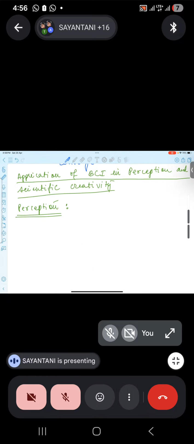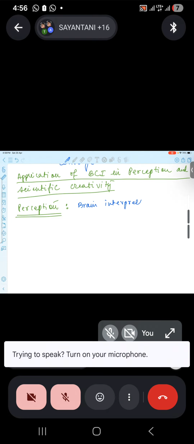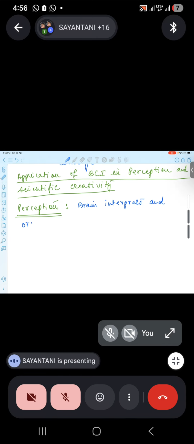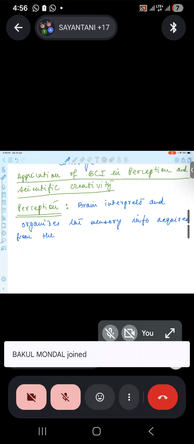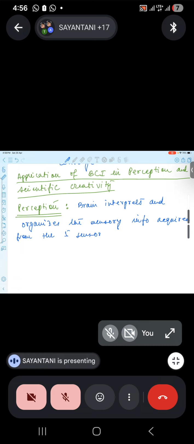So let me write the keywords for perception, which we had discussed. It is the way the brain interprets and organizes the sensory information acquired from the 5 sensory organs.